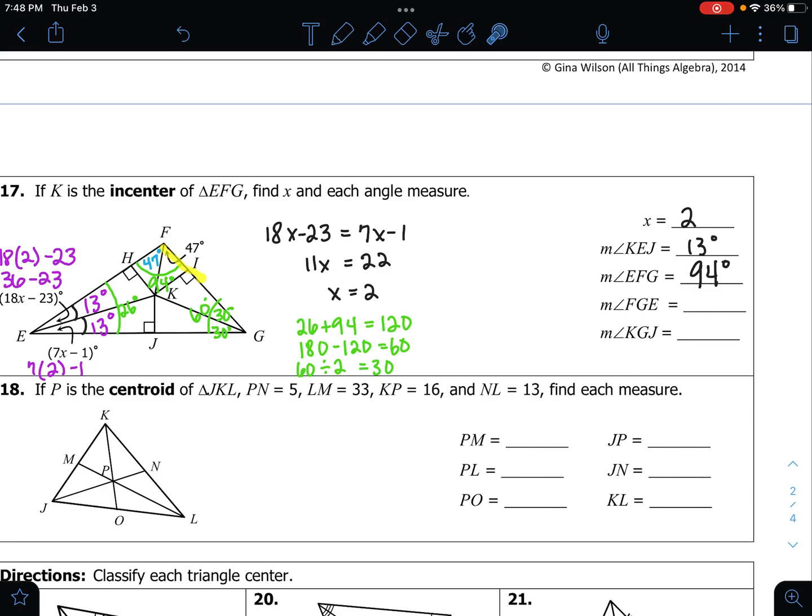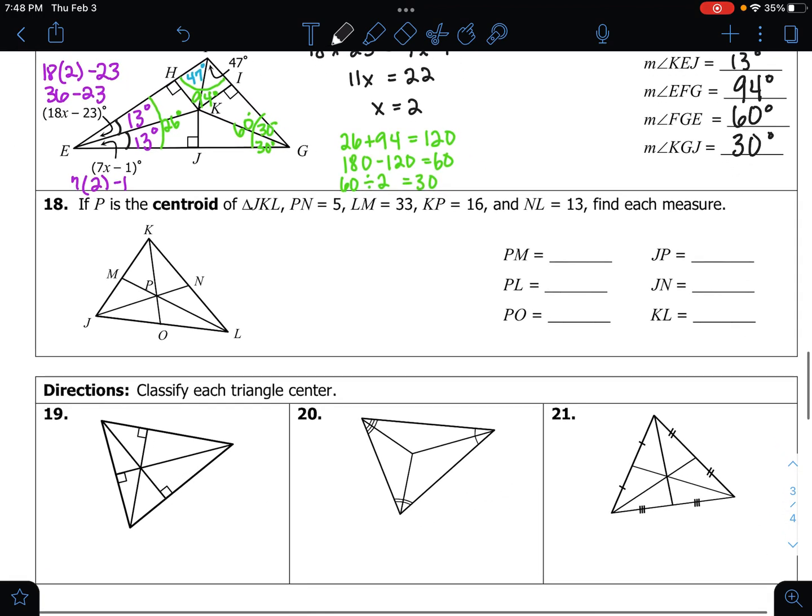So let's see. FGE. That's the whole thing. So we want the 60. And then we got KGJ. That's just half this time. So that's the 30. All right. Looks good. Moving right along.